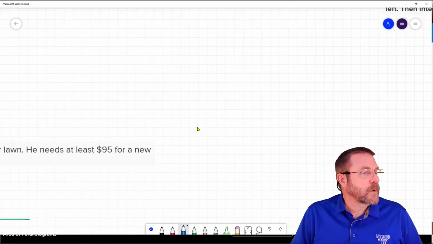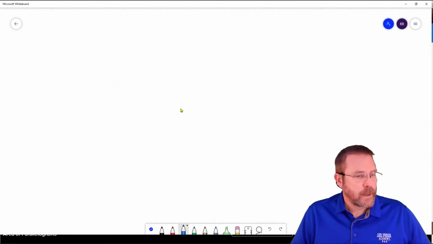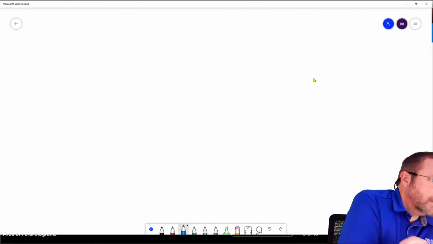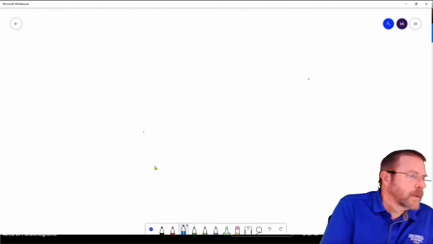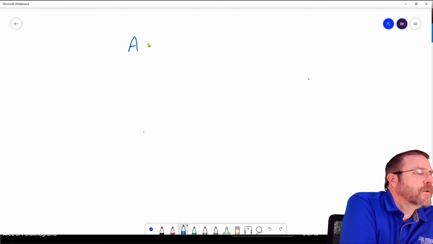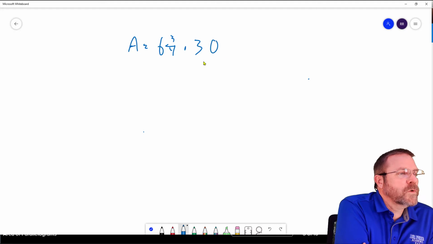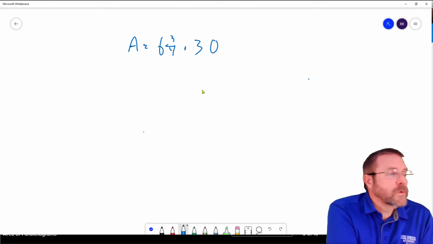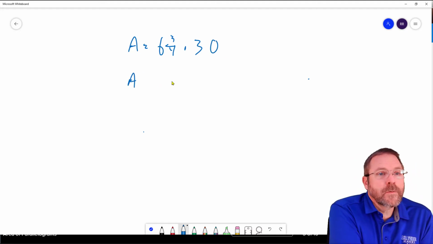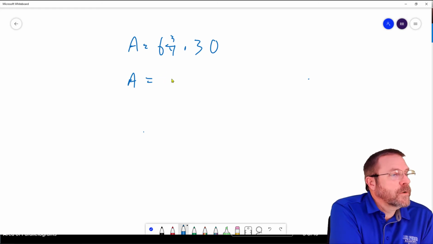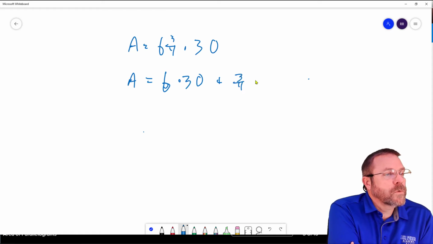We have it set up as area equals 6 3/4 times 30, which means using my distributive property, I can break that down: area is equal to 6 times 30 plus 3/4 times 30/1.